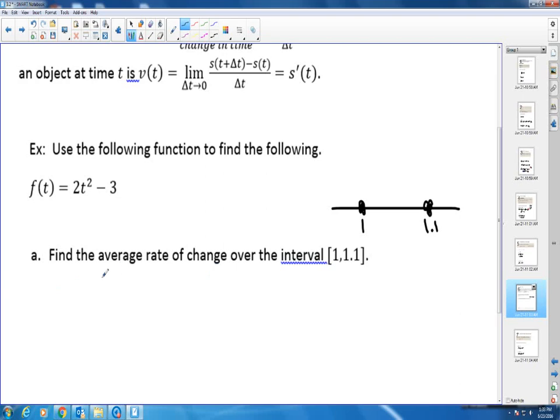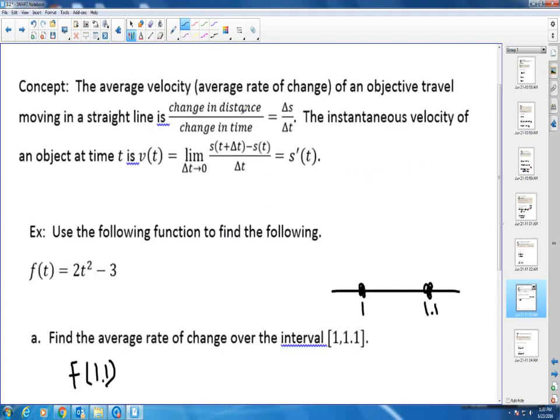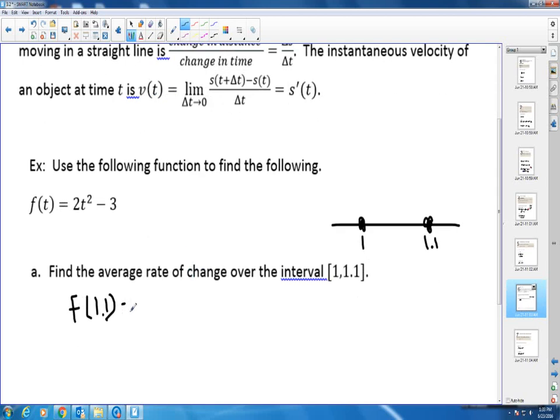So to find the average rate of change, I substitute my time, figure out the y value at this time, and figure out the y value for the other time. If you subtract the two, that gives the change in distance, because we already know the change in time was 1.1 minus 1.